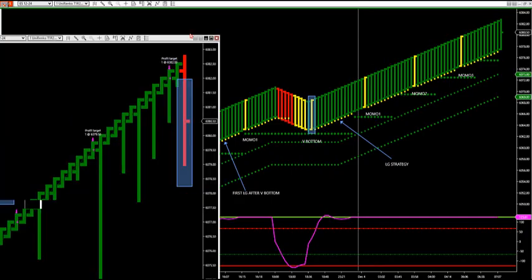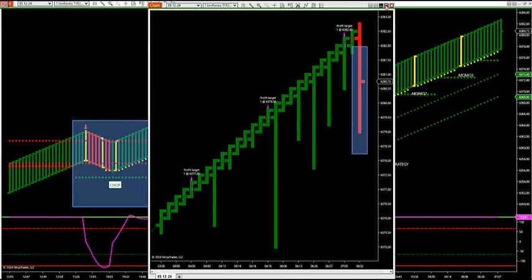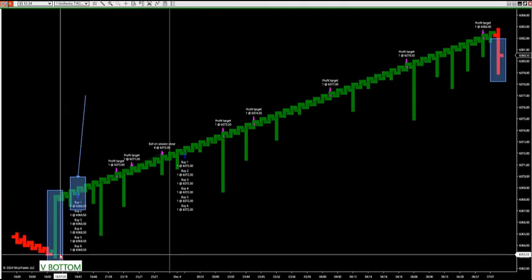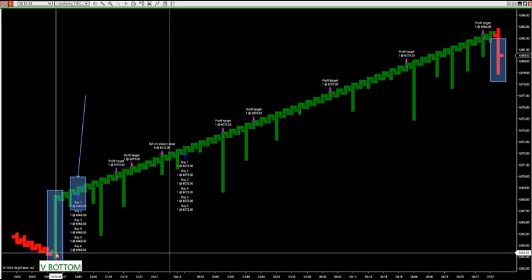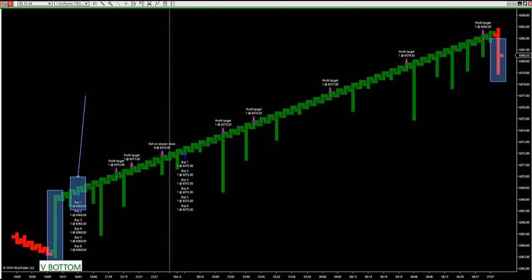Yep. So when you're doing these on the liquidity grab trader like this, you've got a V bottom, and then you've got your first liquidity grab that comes up.